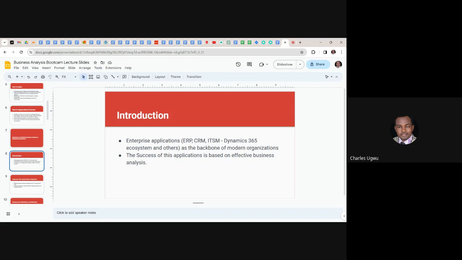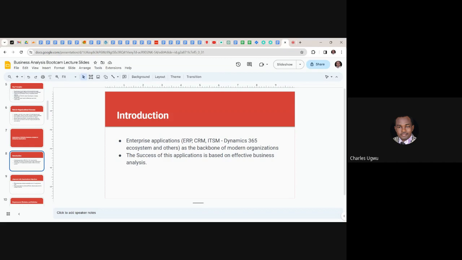For instance, when HR employs a new employee, they will make a request for the ITSM support desk to provision laptops and mobile devices the employee will be using.